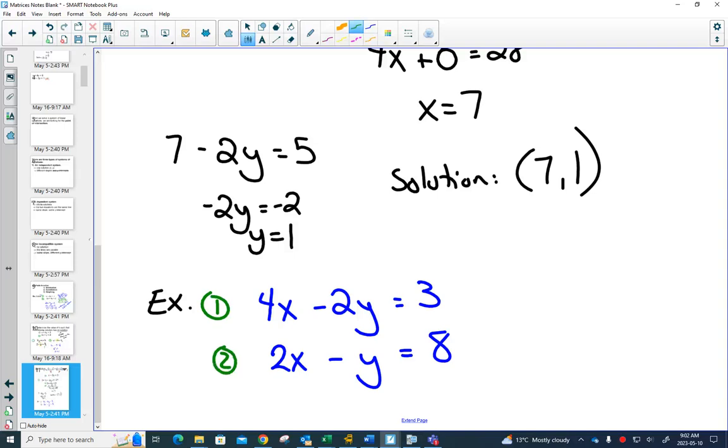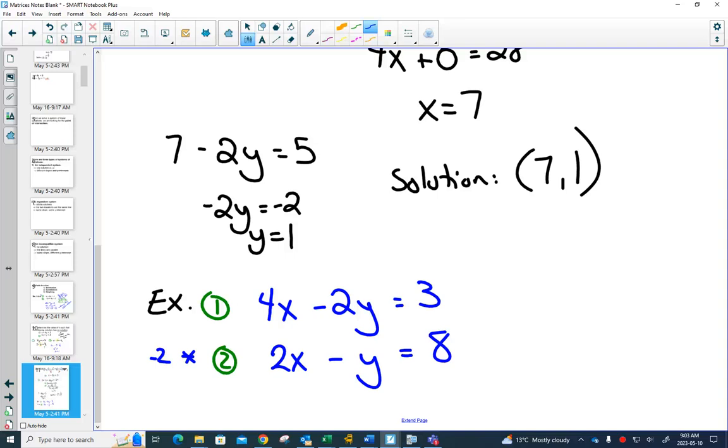You go, I could eliminate my x's quite easily if I multiplied equation 2 by a negative 2. I always like to get the coefficients the same but with a different sign. Sometimes people like to just multiply equation 2 by 2 and subtract instead of add.